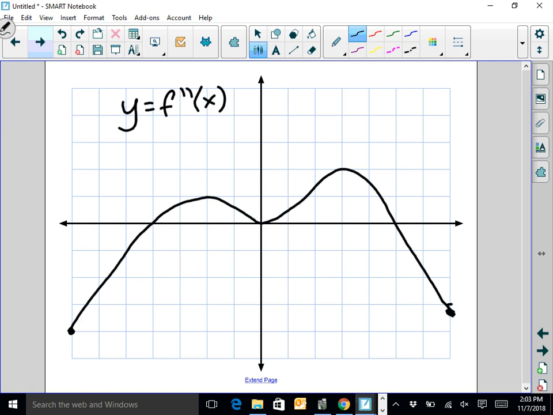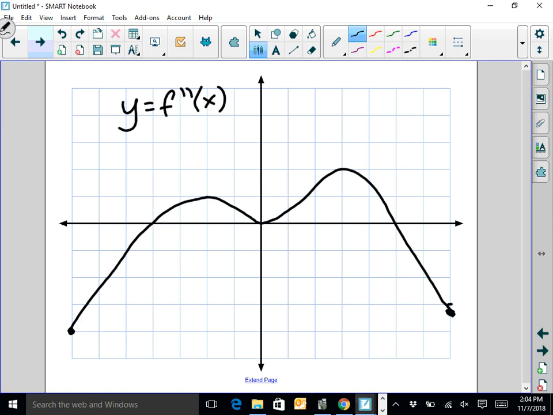Well, there's only 3 things that we can figure out. I can figure out where F is concave up, where F is concave down, and where my inflection points are. I do not have enough information to tell where F is increasing or decreasing, and I don't have enough information to tell the critical points of F.